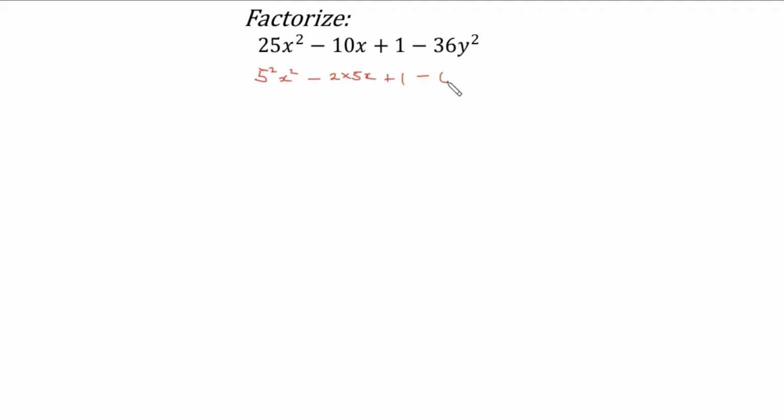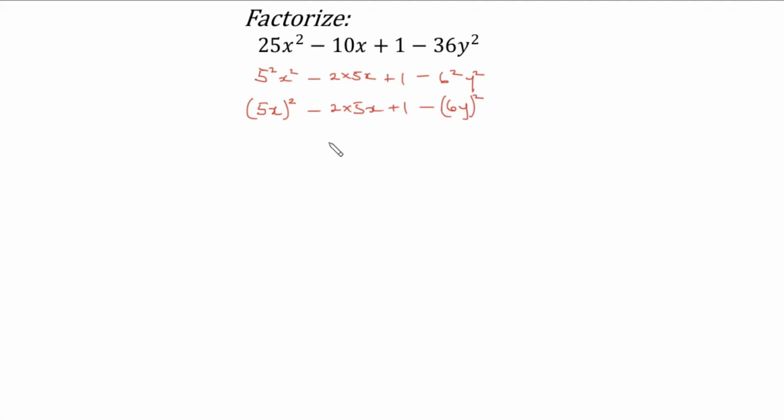So this is now 6 squared y squared. So here we can factorize the square out. 5x, put it in a bracket, squared. So we have here now minus 2 times, let's write again, 2 times 5x plus 1, and then minus 6y.